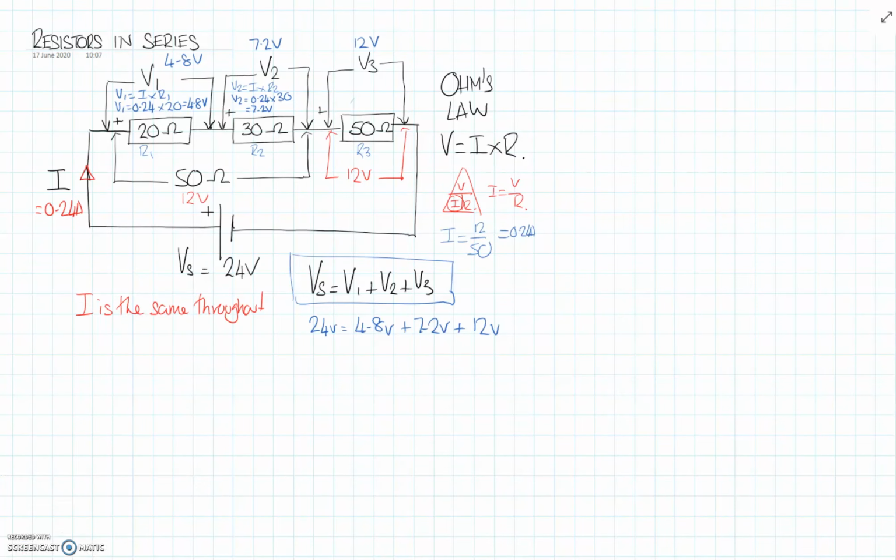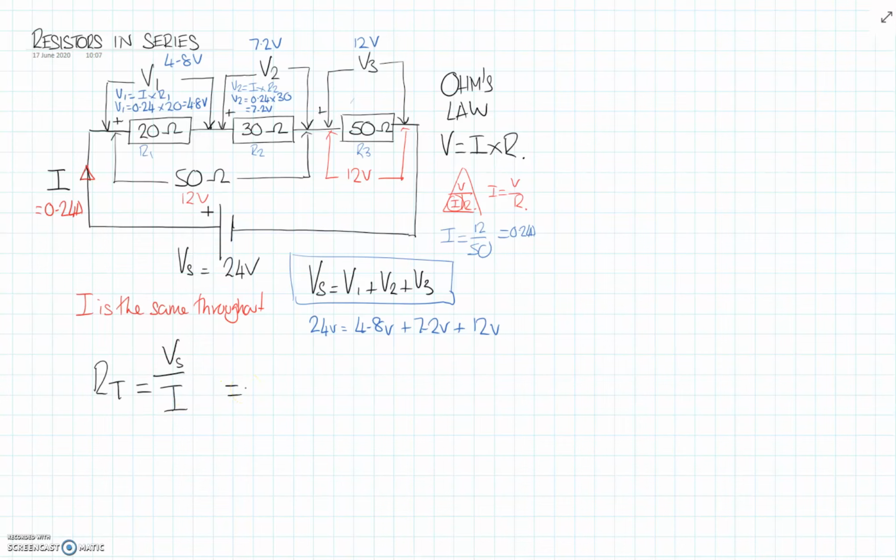Another thing with this, we could work out the total resistance of the circuit just to prove. One way, if you're doing homework, to prove your answers, how do you know your answers are right? Well, I'm going to call that V supply over the total current.